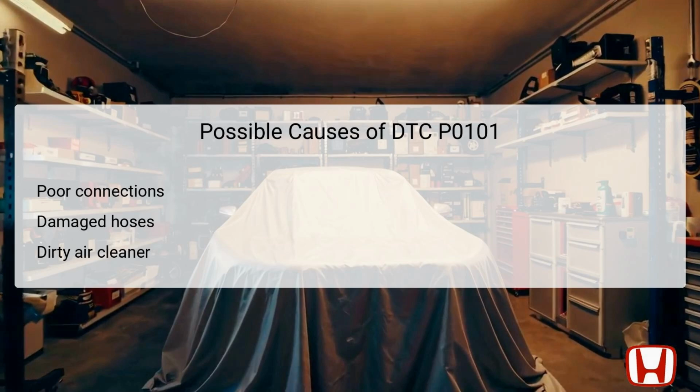Several issues may lead to the activation of DTC P0101. First, poor connections at the MAF sensor, intake air temperature, IAT sensor, or powertrain control module, PCM, can disrupt the signal flow and lead to incorrect readings. Secondly, damage to hoses, like the PCV hose or the brake booster hose, can allow air leaks, which can interfere with the accurate measurement of air entering the engine.